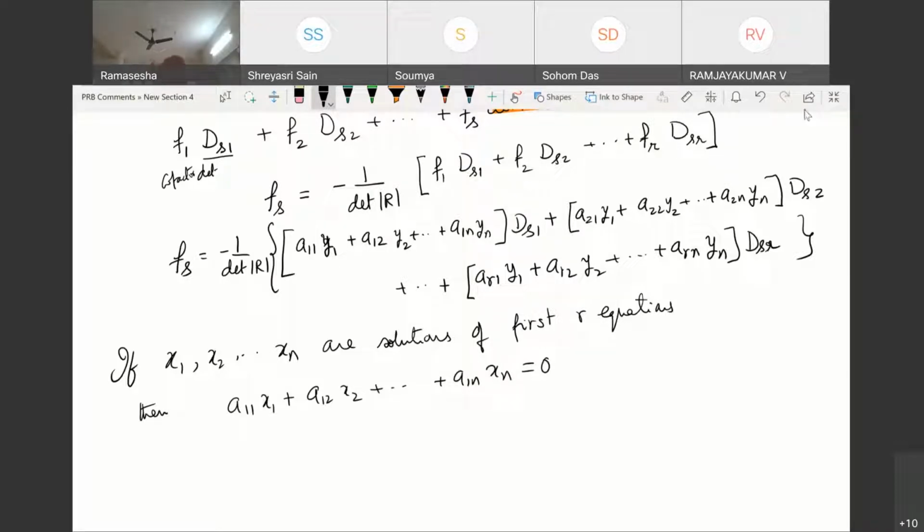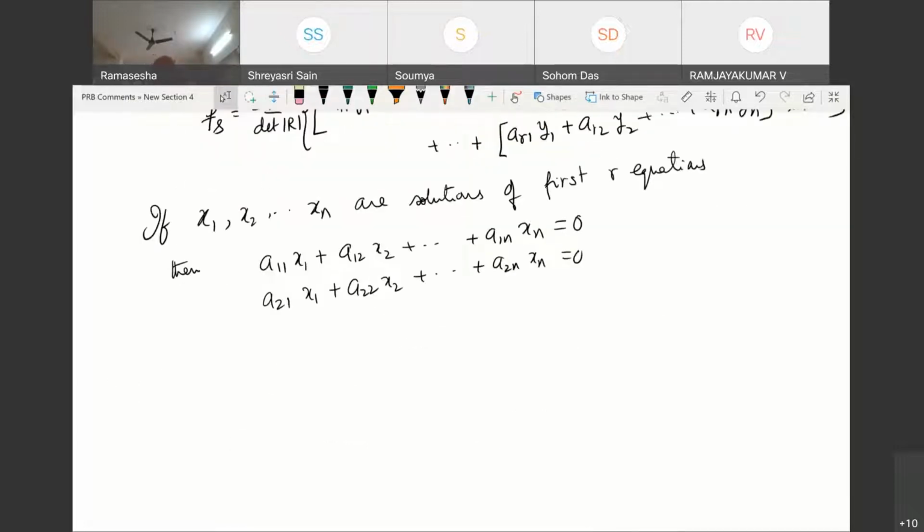Because they are solutions. a21 x1 plus a22 x2 plus etc. plus a2n xn is 0, and similarly all the way to R: Ar1 x1 plus Ar2 x2 plus etc. plus Arn xn is equal to 0. So what it means, determinant R is not equal to 0.